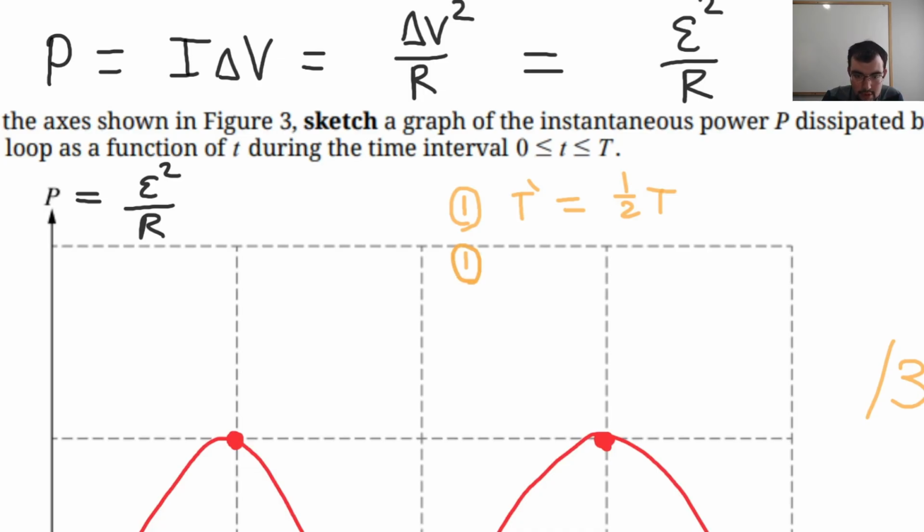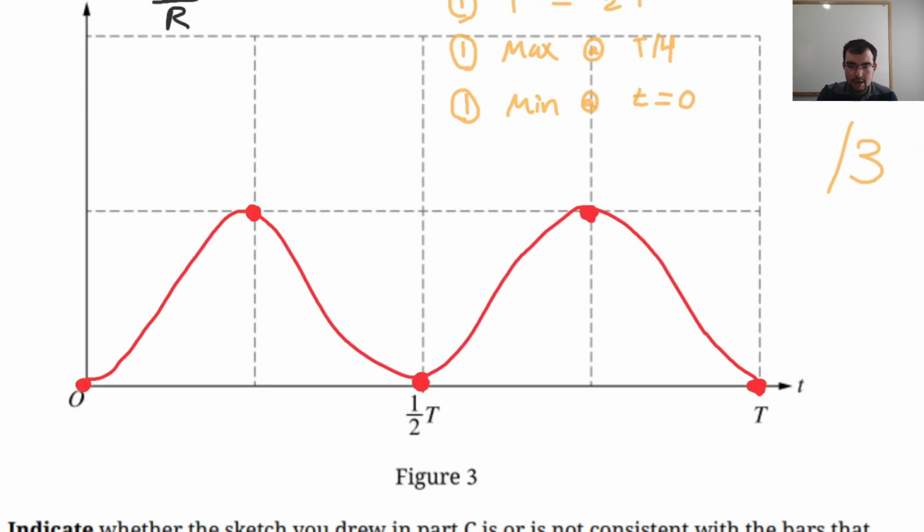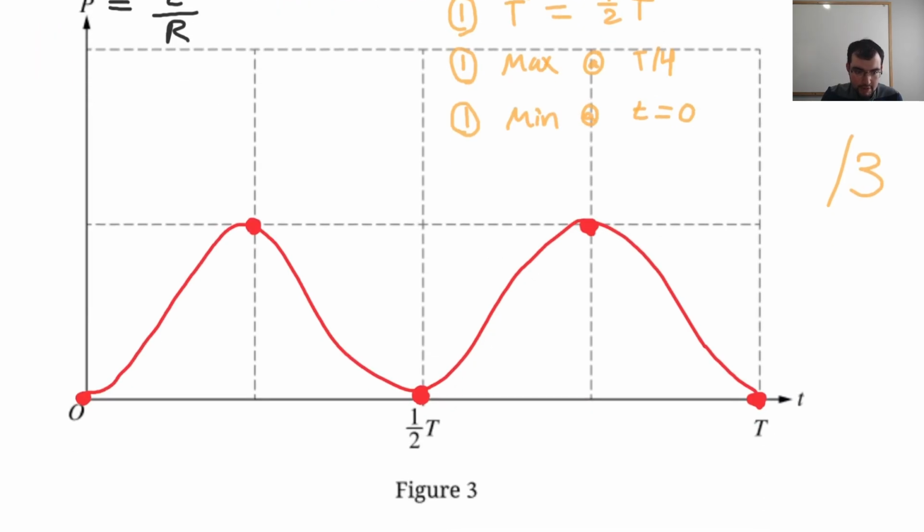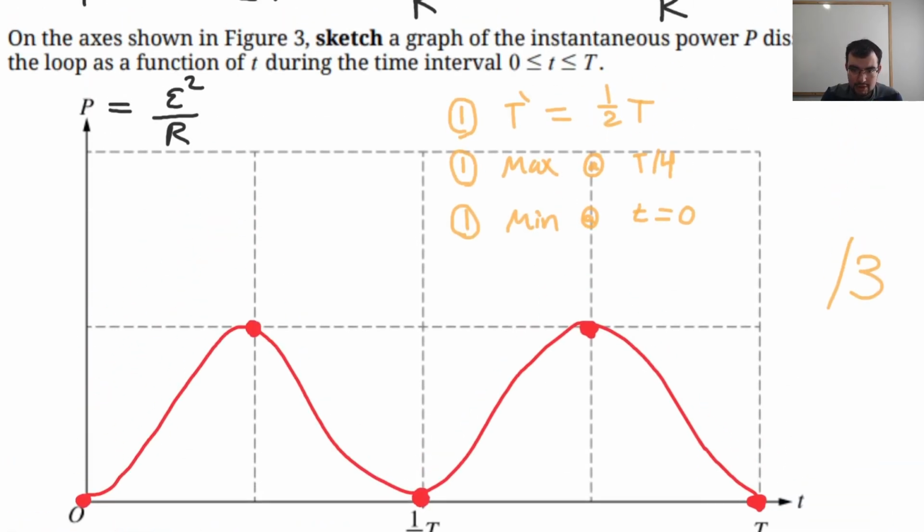You'd get a point for having it maximized at T/4, and you'd probably get an expression for it being minimized at, or no, this would be like a sine curve also, and minimized at t equals 0, probably. It's hard to say. I'm not confident that's how they'd be distributed. I imagine drawing some sort of a sine curve as a point, getting it maximized and minimized as a point, in some sort of period relationship as a point. Not sure, though.